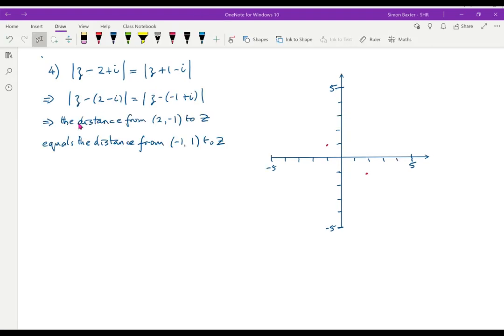And so the distance from (2, -1) to z must be the same as the distance from (-1, 1) to z. In other words, we're looking for the locus which is equidistant from these two red points. Just the same idea as we had before, but slightly more complicated. We need the perpendicular bisector, which is now at an angle to the axes.